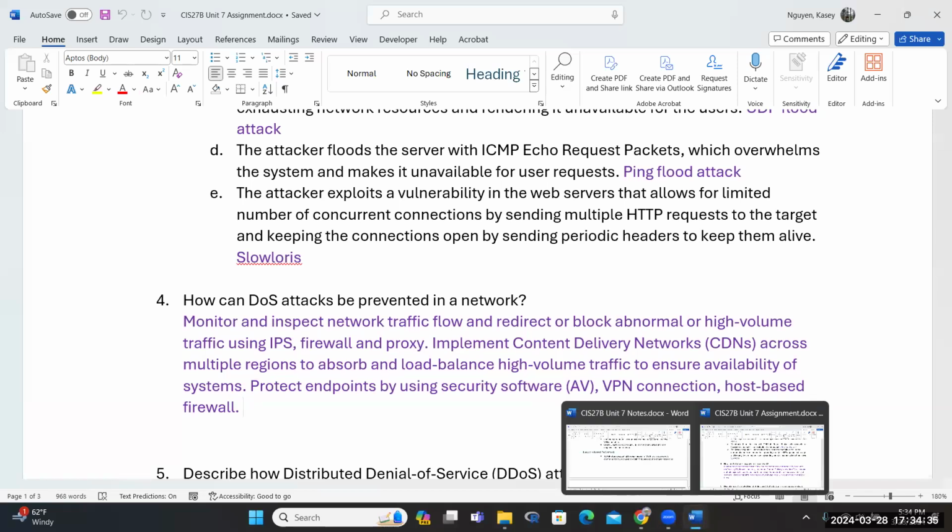Would a next generation firewall technically be considered an IPS? It can act as an IPS, right? Yeah. The downside with using only a next generation firewall is that they tend to have many features enabled, and it can become a single point of failure. They just have to evade or overcome that firewall, and then it becomes less secure.